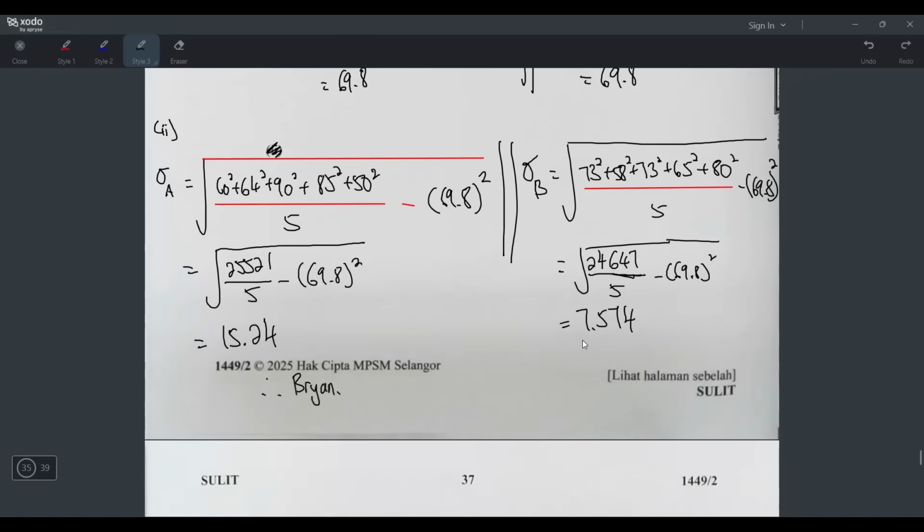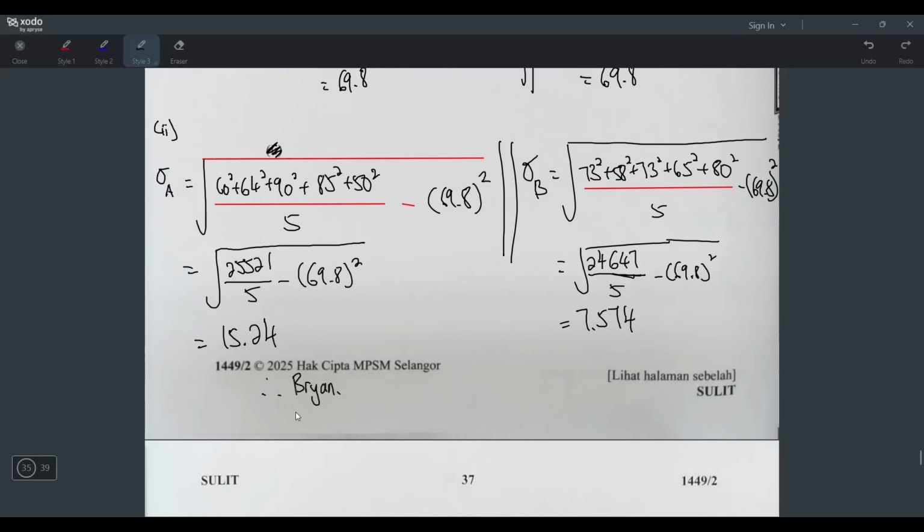Small spread means what? Dispersion small means consistent. The data is not so spread out, which means he is more consistent. His performance is more consistent. So I write Brian because he has what? Smaller standard deviation and he is more consistent. Okay.